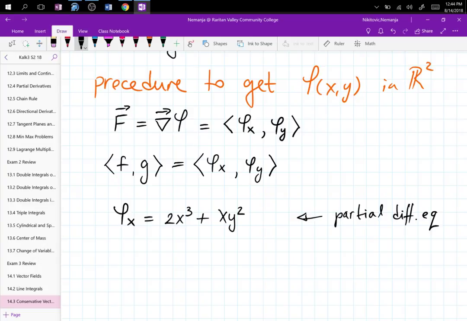Now, this partial differential equation is partial of phi, partial of x, is equal to 2x cubed plus xy squared.